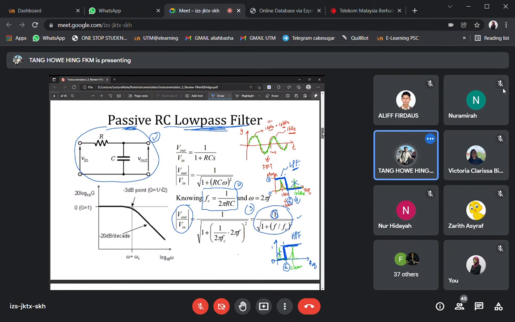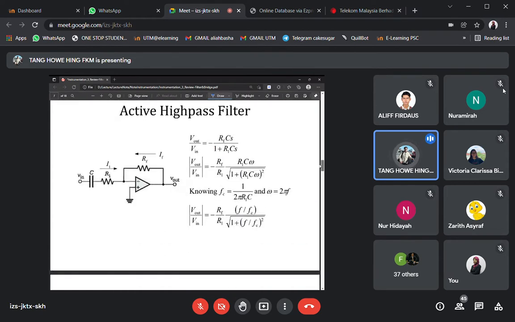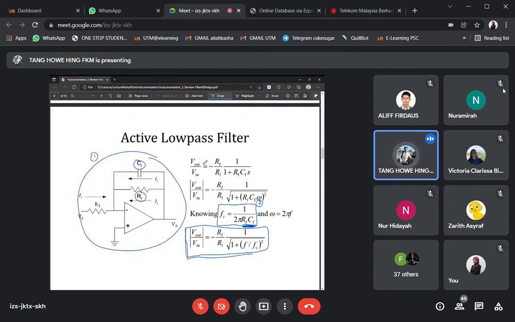Whereas for the active low pass filter, the gain is 1 but before this, it has another gain, which is the ratio between the feedback resistor and the input resistor, RF over R1. So in that case, we can actually amplify the signal as well. So to use these active low pass filters, you also need to memorize these three things.